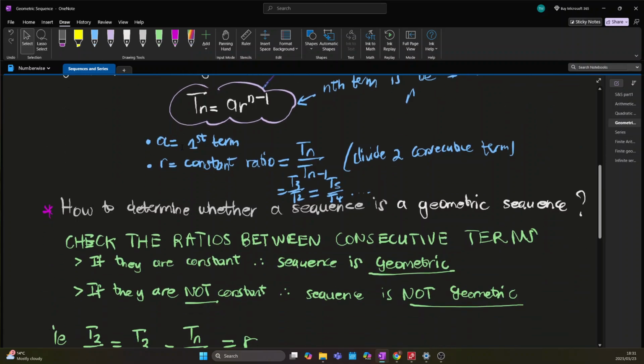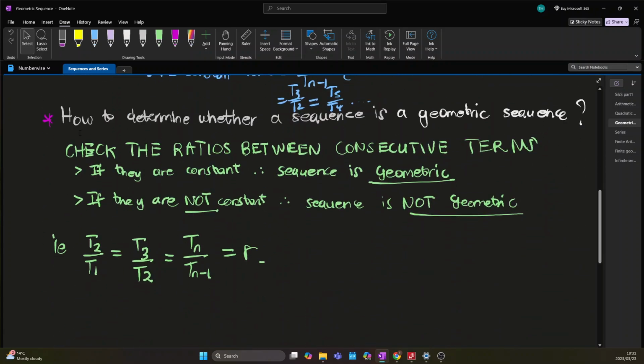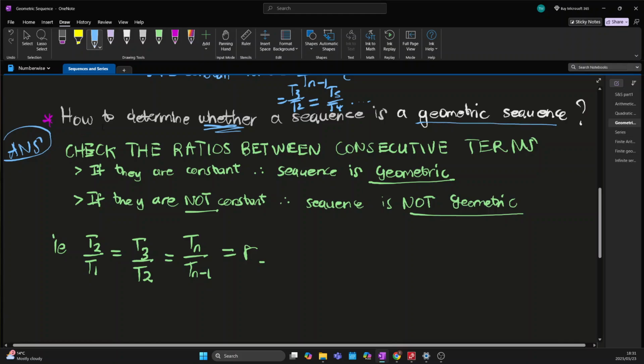And then we now come to the most important question. How do you determine whether a sequence that you have is a geometric sequence? Here's the answer. You check the ratios between the consecutive terms.